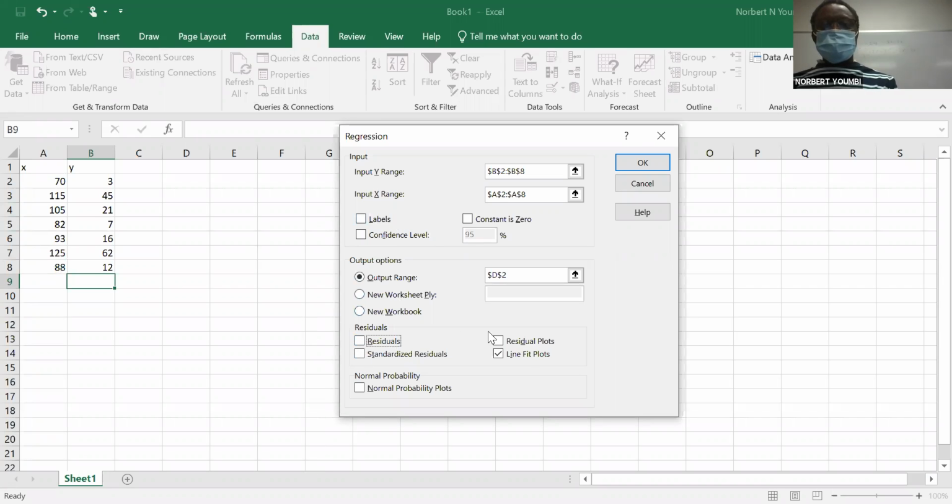This option will give us the line of best fit and the scatter diagram at the same time, if you click here. But you could get a scatter diagram without that. At this point, you can just click OK.